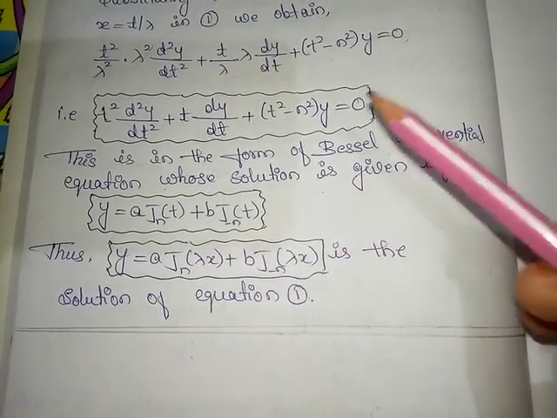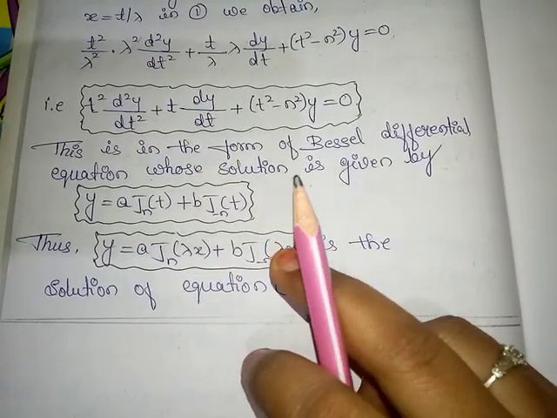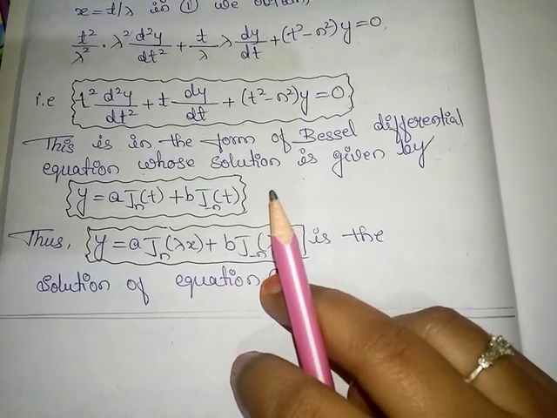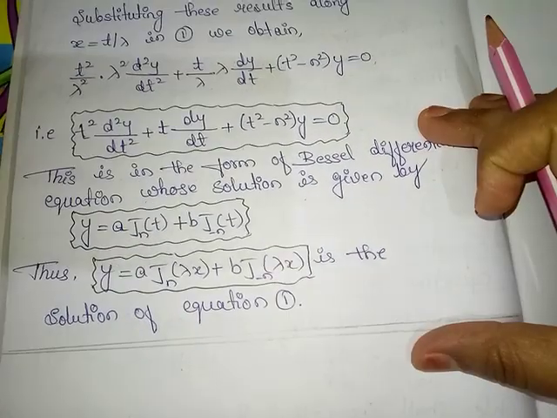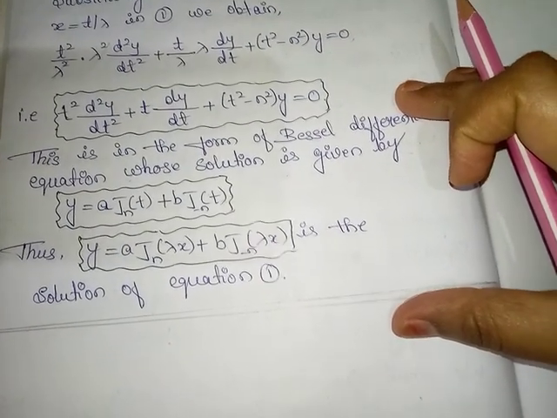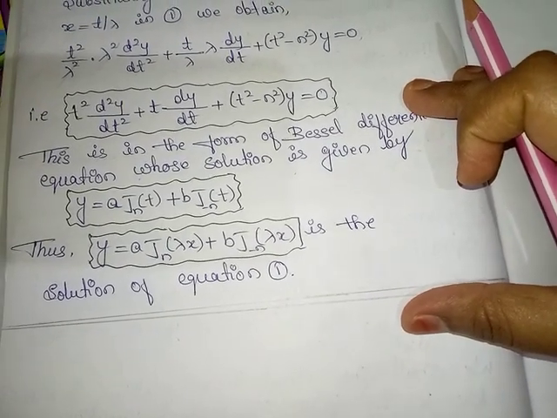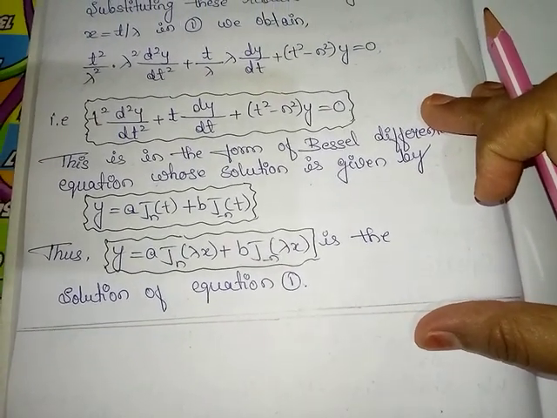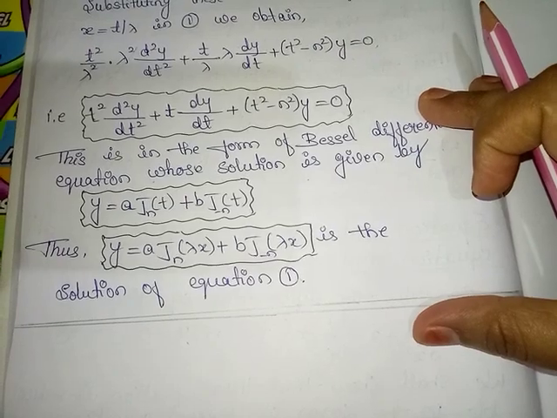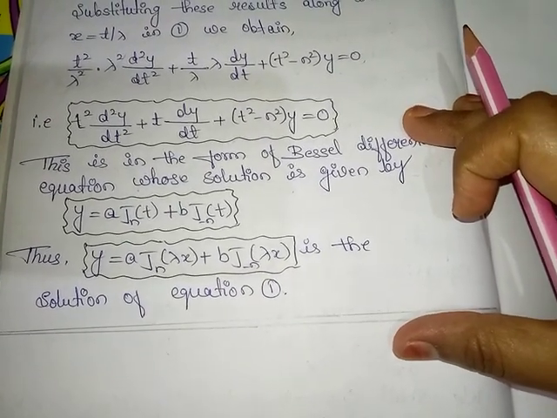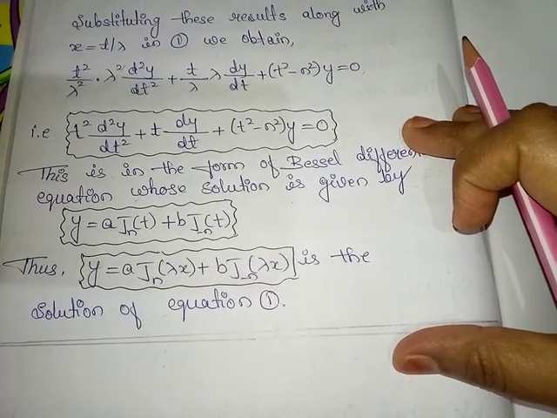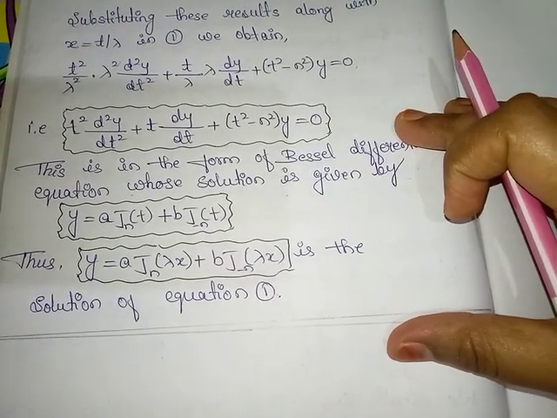What it means here is, if the given equation is not a Bessel equation, we can convert it to a Bessel equation and get the solution of that Bessel differential equation. Go through the derivation, which is very lengthy, but you must practice it.